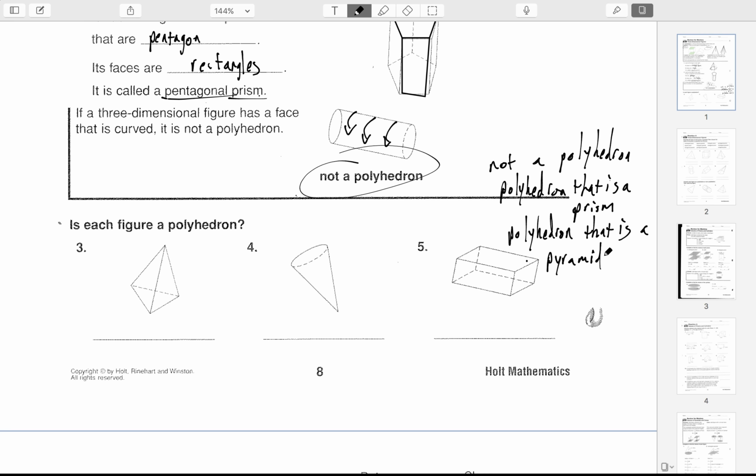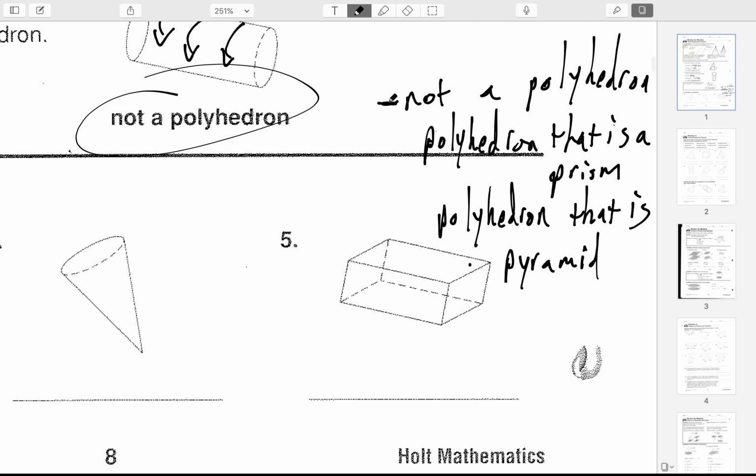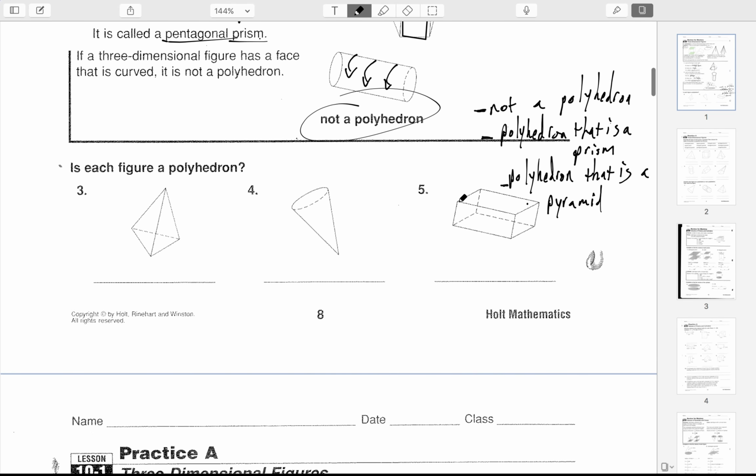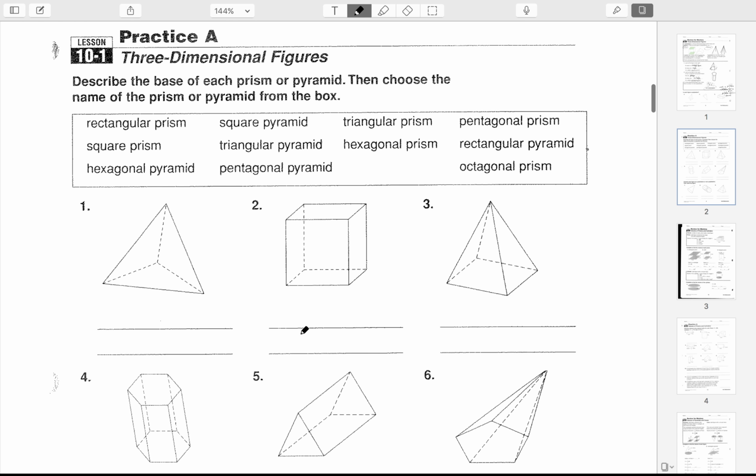So here are 3 different choices. Not a polyhedron, polyhedron that is a prism, and a polyhedron that is a pyramid. Look through 3, 4, and 5 and label those. Okay, go to practice A 10-1.